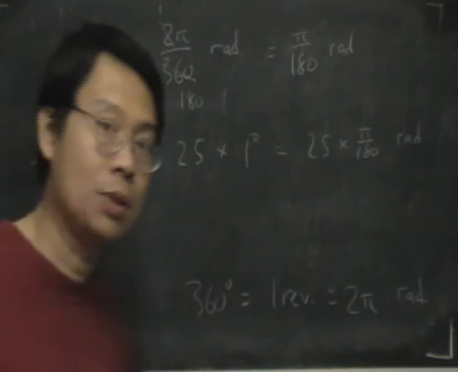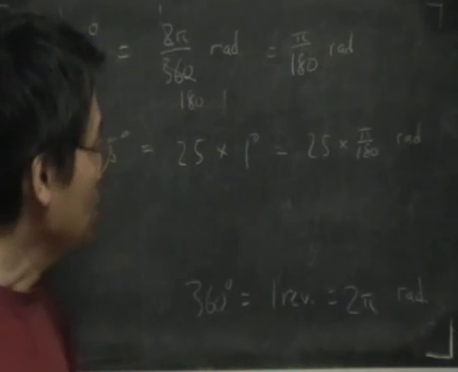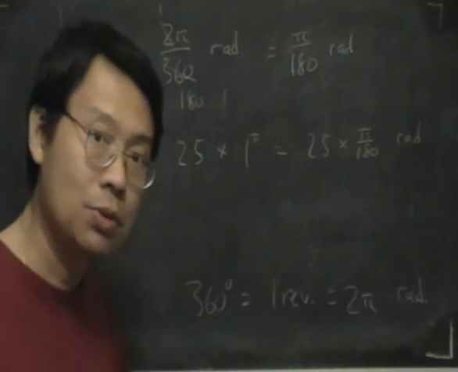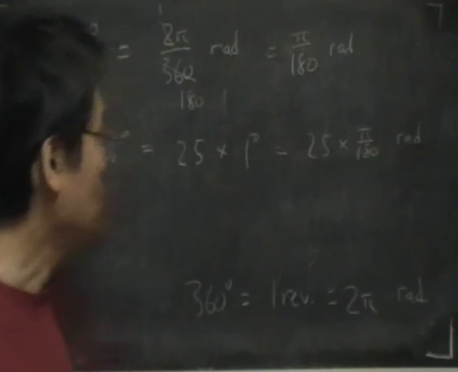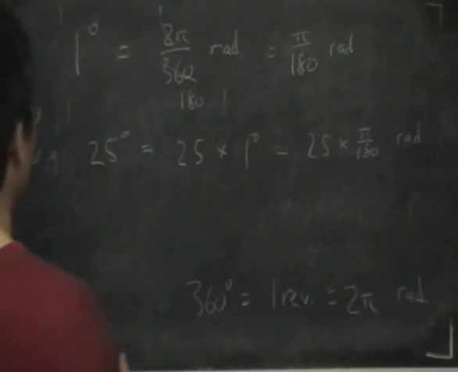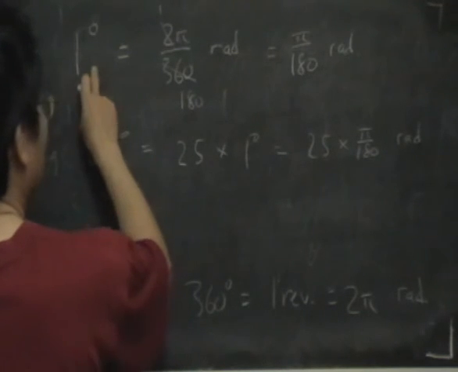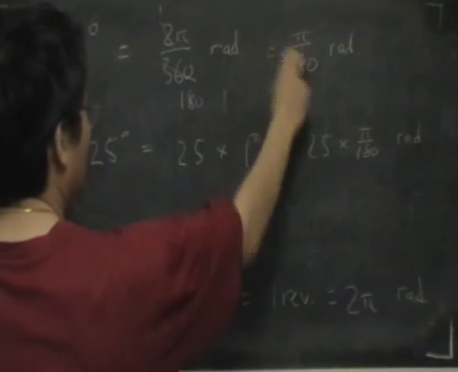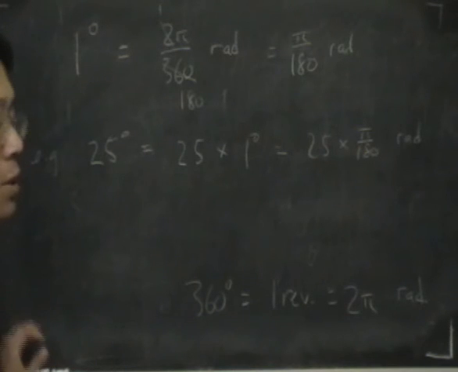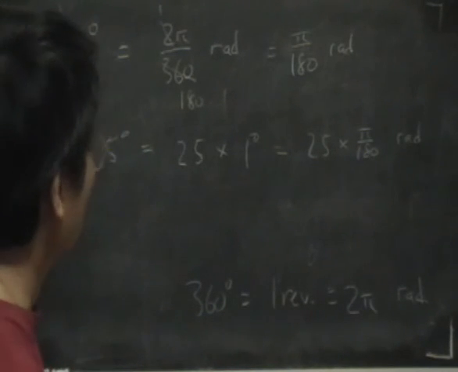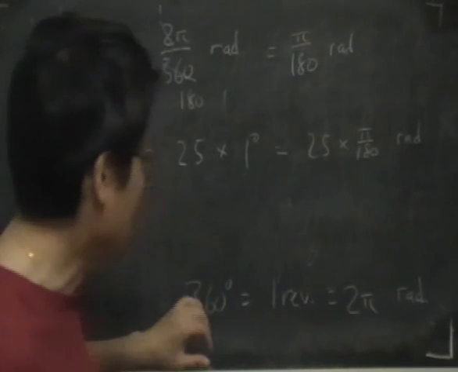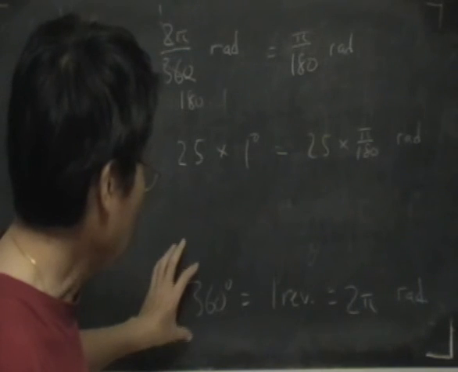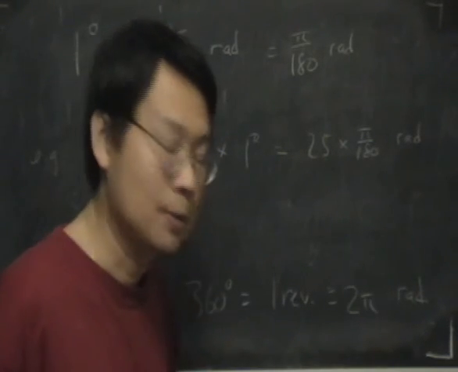And you can also do it the other way around. If you know the radian, you can find the degree. So what is 1 radian in degrees? Let's start from the beginning again. 360 degrees is 2 pi radians.